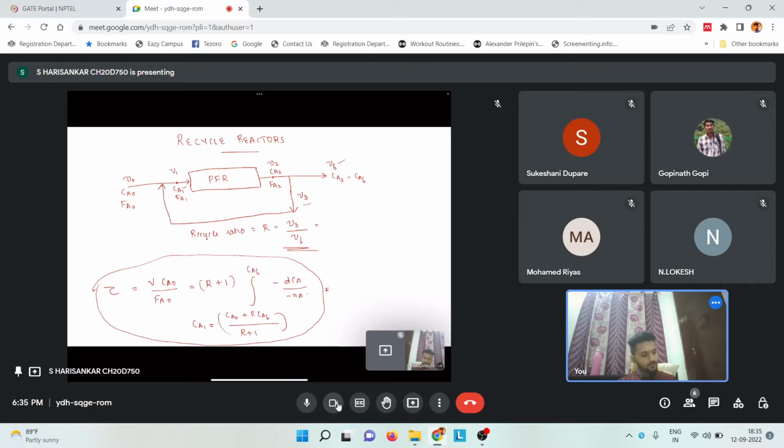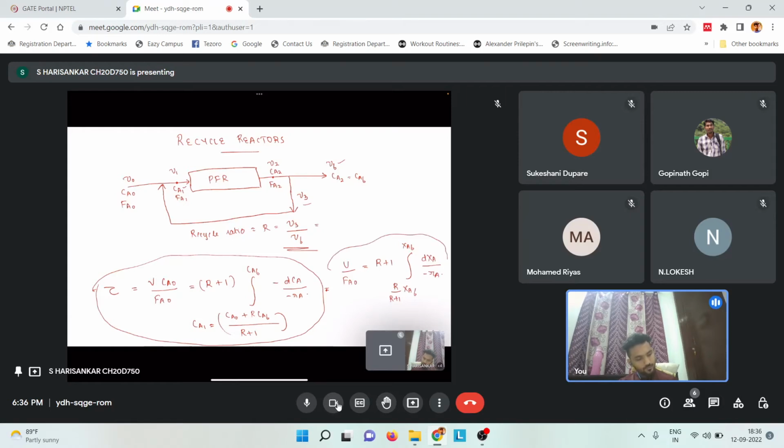So yeah, we can have the other form as well. V by Fa0 is equal to R plus 1 into the integral from R by R plus 1 XAF to XAF of dXA by minus rA.